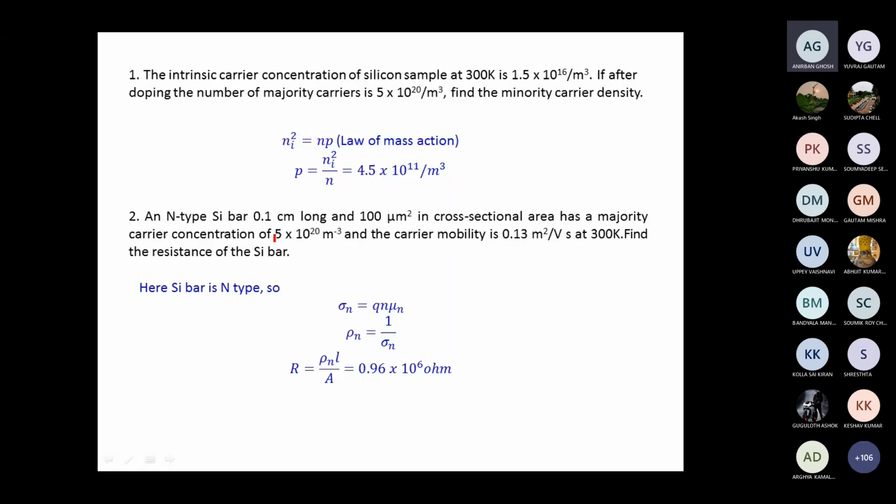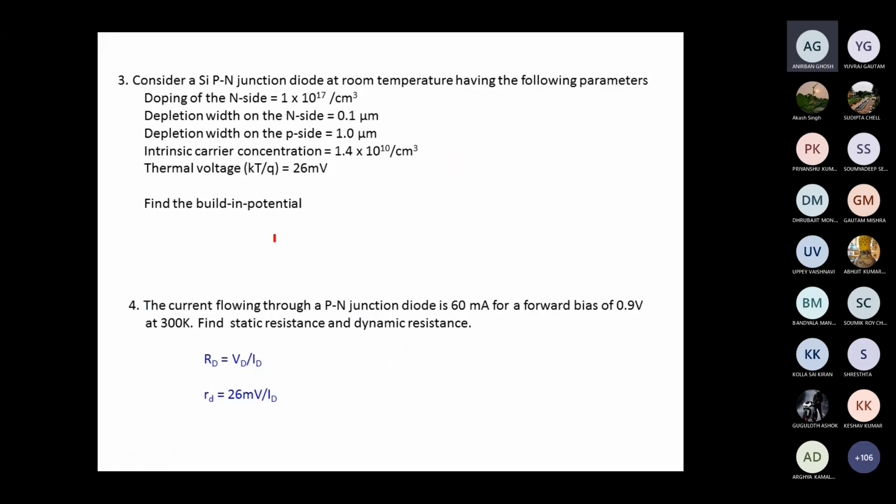So these are simple mathematics. You have done a lot of critical problems in physics when you were cracking JEE. So these are simple equations, you just have to apply them. I am not going through this in detail. These are the built-in potential equations. If I show the equation, you can find this.